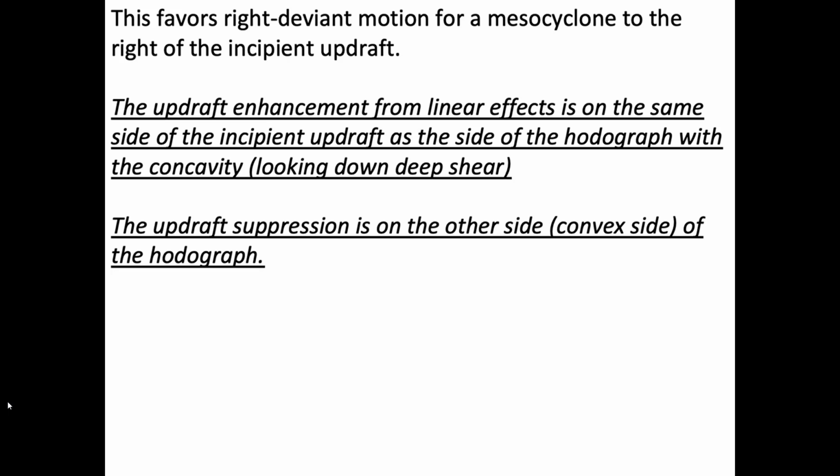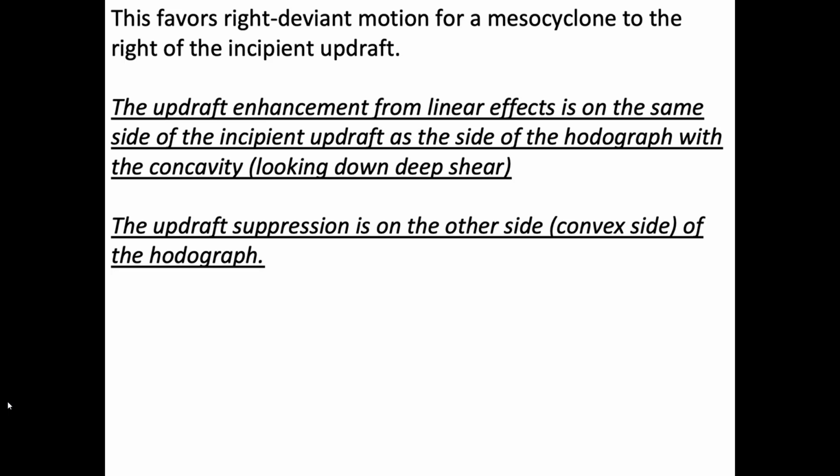But to generalize here, that which is to the right of that incipient updraft, favoring the right dominant cell, is going to be the same in general terms as the side of the photograph where we have the concavity looking down the deep shear. So given our arching photograph that we showed previously, looking down the deep shear, the side of that photograph with the concavity is to the right.